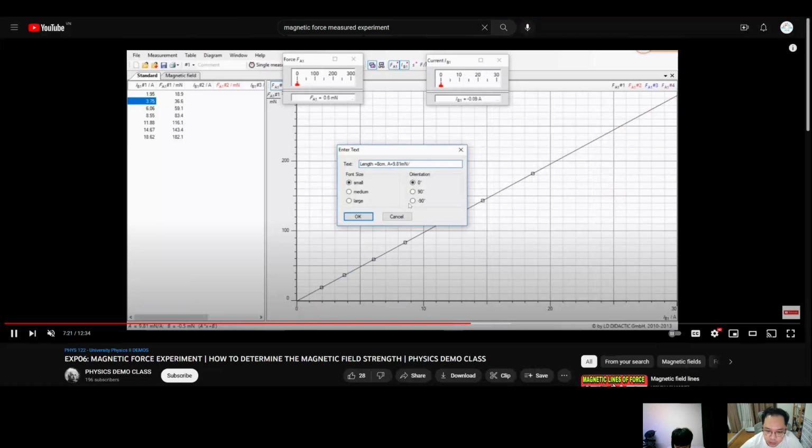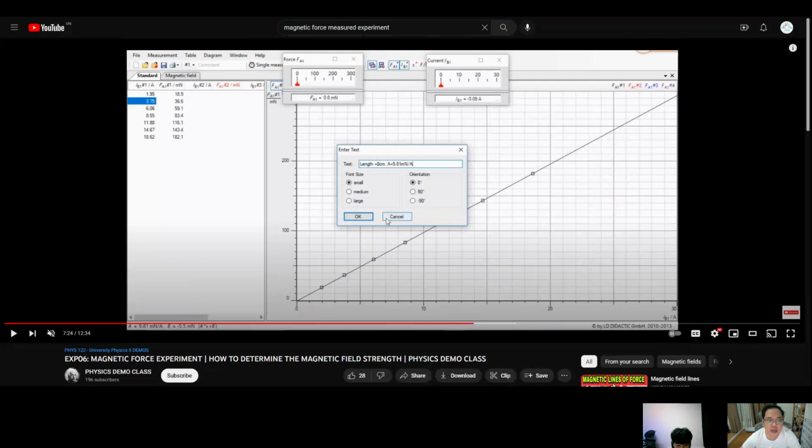Millinewton per ampere, like force per current, which is here F over I. And then divide by the length as well, and you will get the field B.